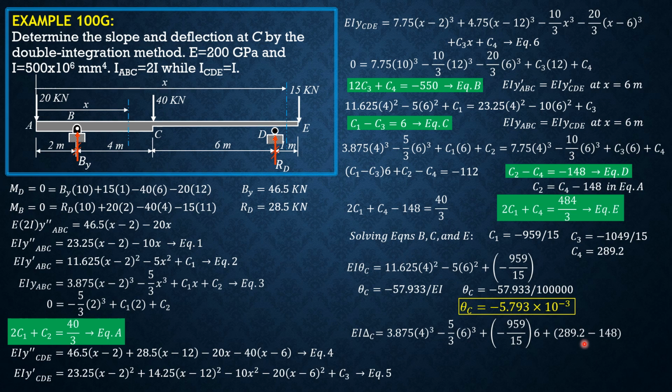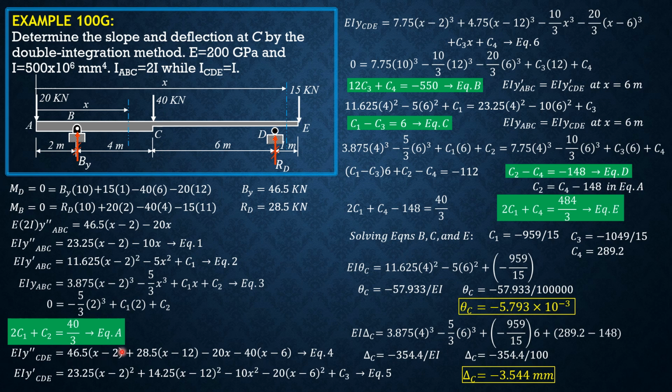So that's c sub 2. Using your calculator, delta C is equal to negative 354.4 over EI. The shortcut is you just divide by 100, since 100,000 over 1,000 is 100, to convert automatically to mm. So delta C in mm is equal to negative 3.544 mm. So that's it for this problem.